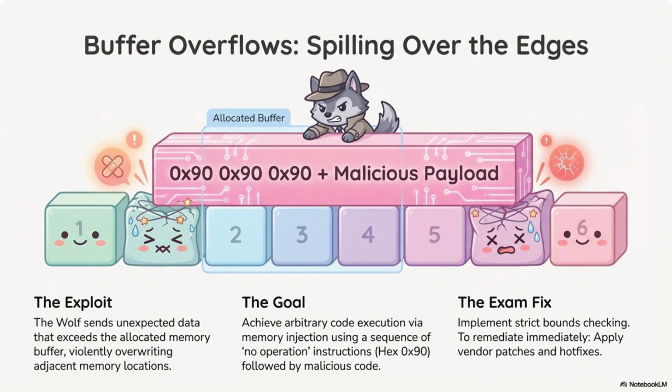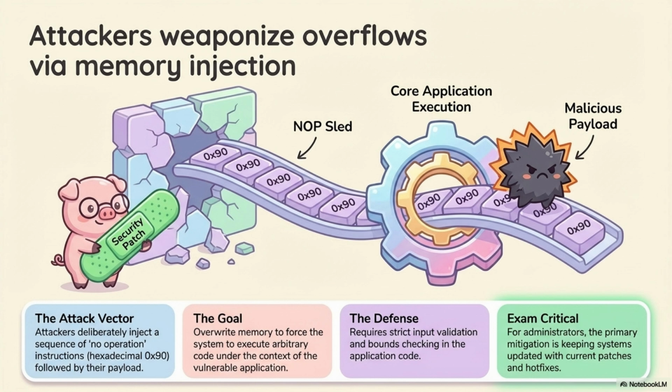A buffer overflow by itself exposes a vulnerability, but a buffer overflow attack occurs when an attacker deliberately exploits that vulnerability to inject malicious code. This technique often includes a sequence of no-operation instructions, commonly represented by hexadecimal 0x90, followed by the attacker's payload.